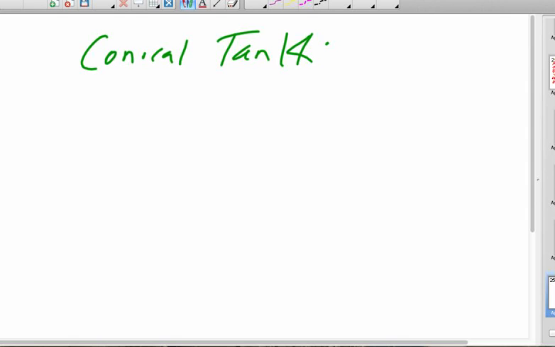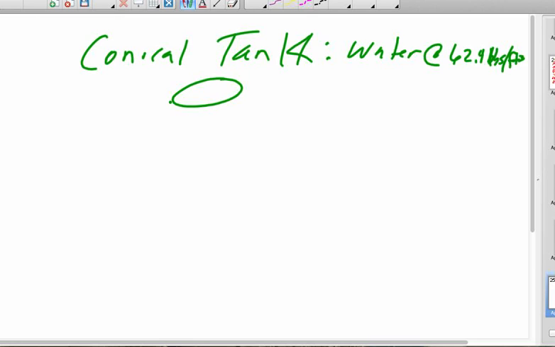Again, this is containing water, and it's at 62.4 pounds per cubic foot. What my tank looks like is this. It's cone shaped. It's 8 feet across at the top, and it is 6 feet high.